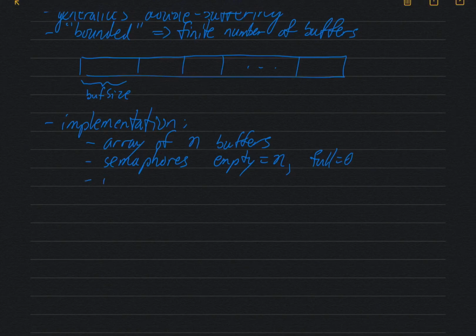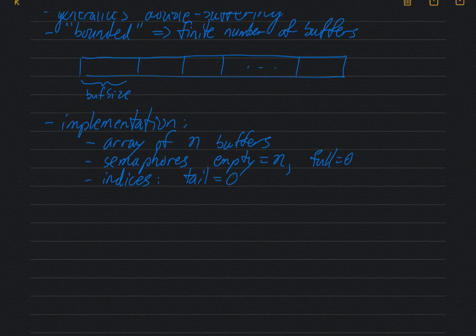And we'll have indices. So the tail, which is used for, so it's a queue, so you always add at the end of the queue. Like when you join a line, you don't join at the front, you join at the end of the line.